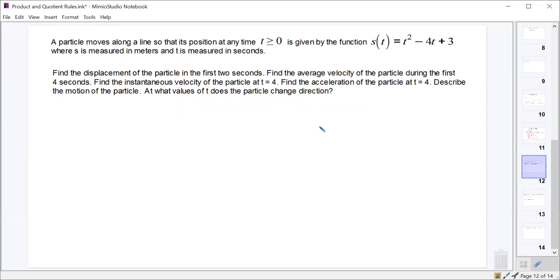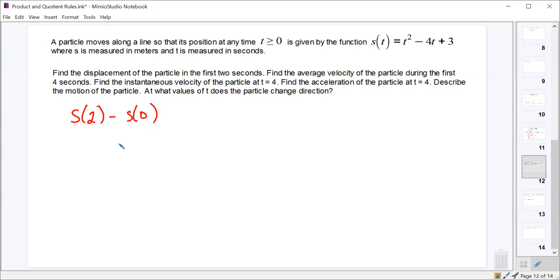So what does displacement mean? It's just a change in the position, right? So if we figure out where the particle was at t equals 0, and then where the particle is at t equals 2, that should tell us the displacement, right? This should be s of 2 minus s of 0.